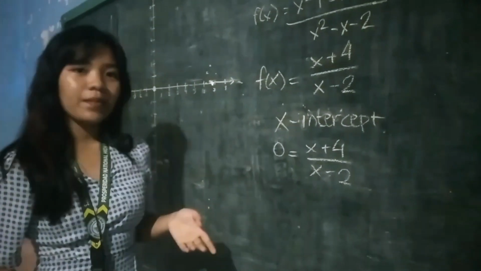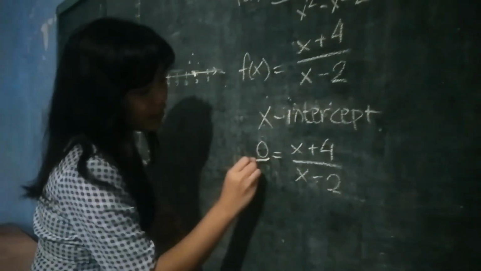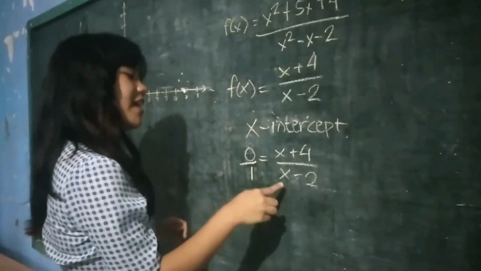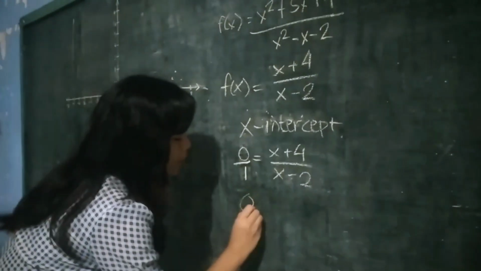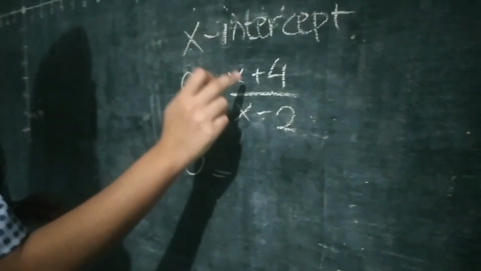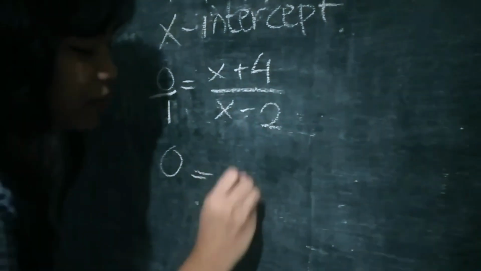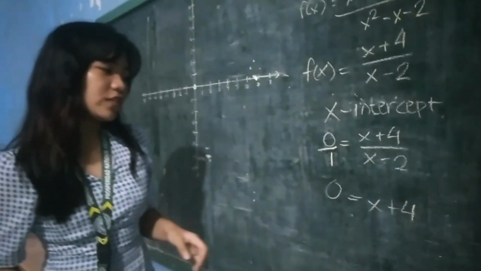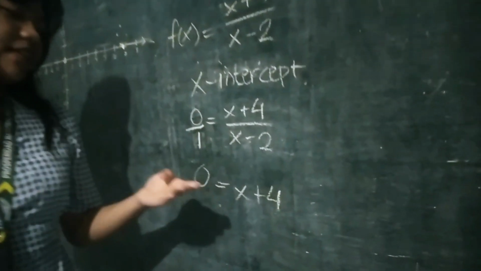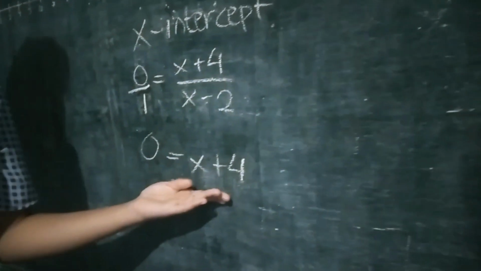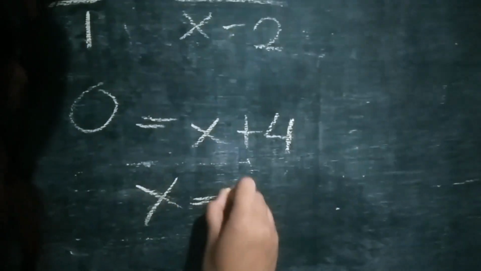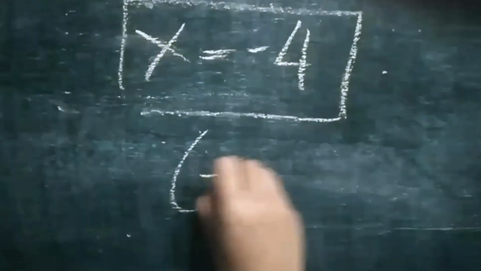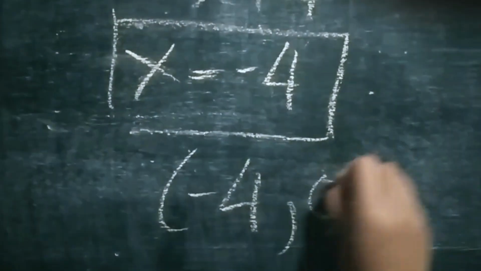Always remember that there is an imaginary 1 in the denominator. So 0 times x minus 2 is 0, equals 1 times x plus 4, which is x plus 4. Lastly, we transpose the 4, so the only one left is x. Our x-intercept is negative 4. So the x-intercept is negative 4 and 0.